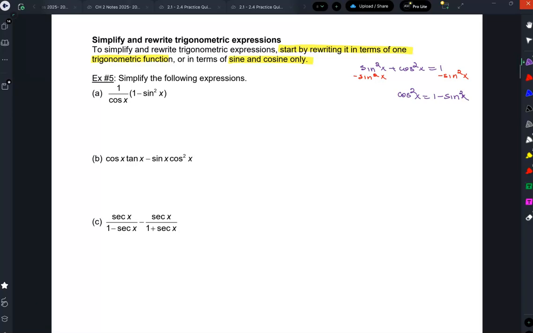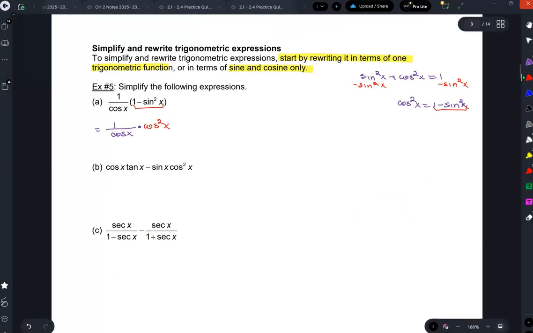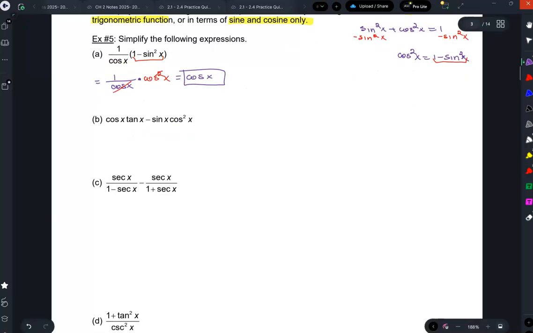Oh my God, 1 minus sine squared x is exactly what we have here. So I can substitute that. So let's see what I have. 1 over cosine x, I'm just rewriting, times, what's 1 minus sine squared x equal to? Cosine squared x. And so now cosine squared over cosine x, right? It reduces to cosine x, and that's the most simplified version of this. Okay? All right, let's do another one.